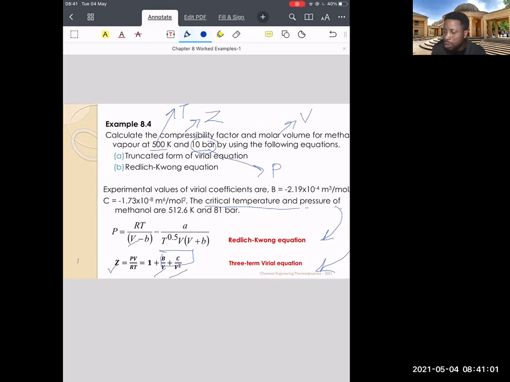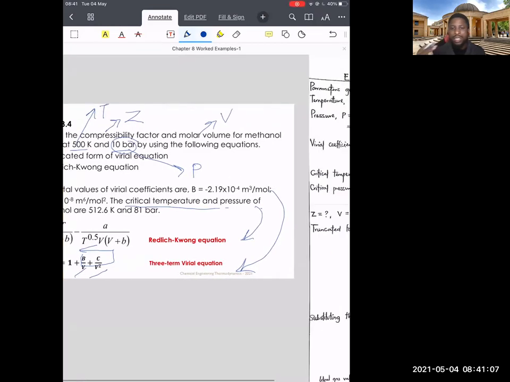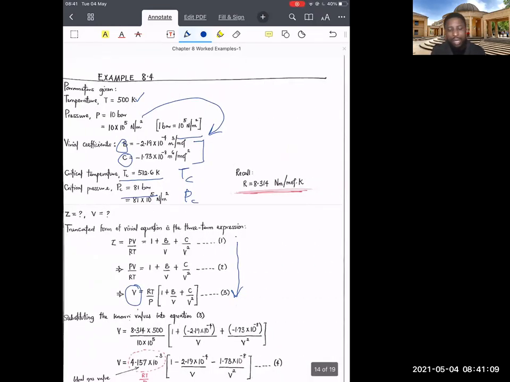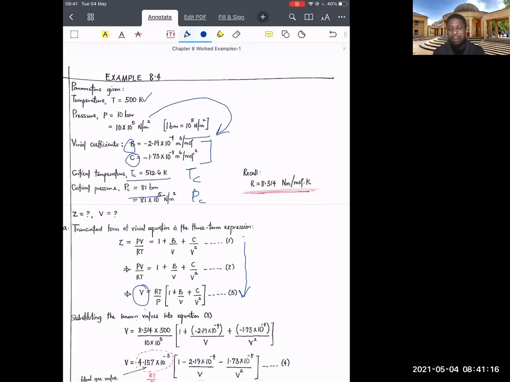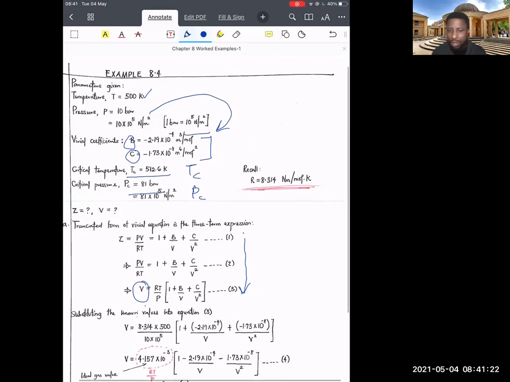Also here we have T raised to the power of 0.5. Whenever we have those expressions, we've said our V needs to be calculated using iteration. So we try different values until we get to the optimum. And the V at the optimum is what we then use to calculate our compressibility factor.